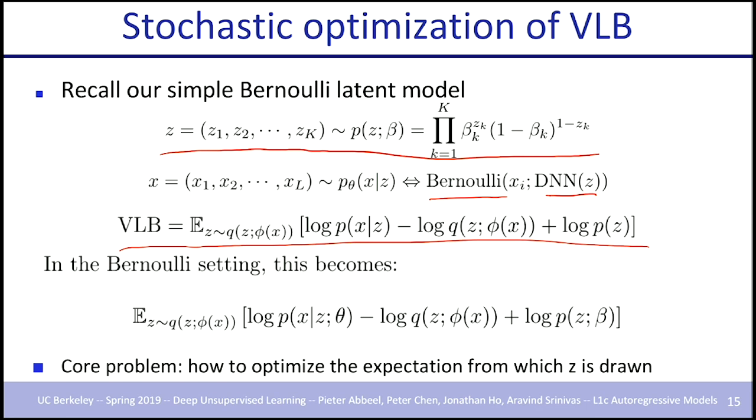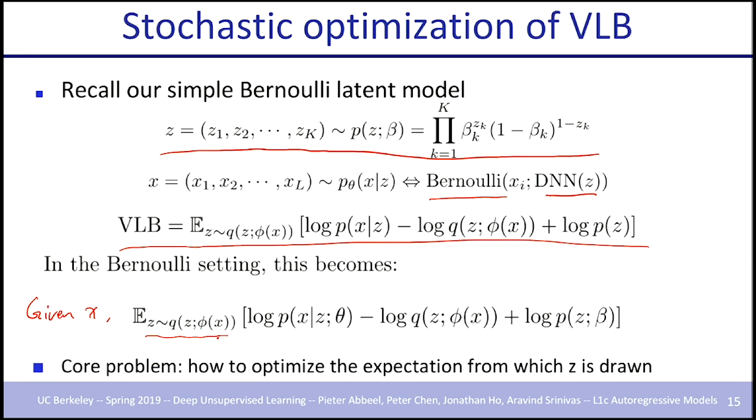Given a data point x, let's try to evaluate this. I instantiate a certain approximation to the posterior, and I'm going to draw samples from it. Let's say this is again a factorized Bernoulli distribution, so we have k coefficients that describe which random variable is more likely to be 1 and which is less likely to be 1.